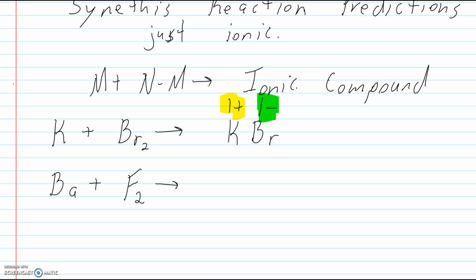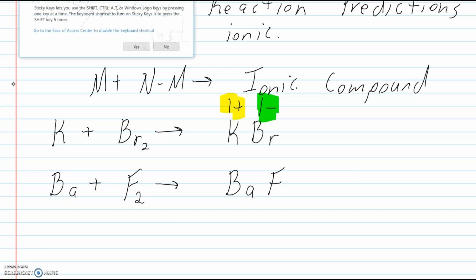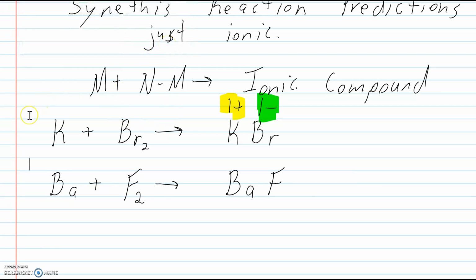Now, the subscript at the beginning of the problem does not necessarily mean that it's going to have the same subscript at the end. It could, but it doesn't guarantee it. So I'm going to combine them together. So I have barium, Ba, and I have fluorine, F. Sorry about that. And so I have to look and I have to figure out what their charges are.